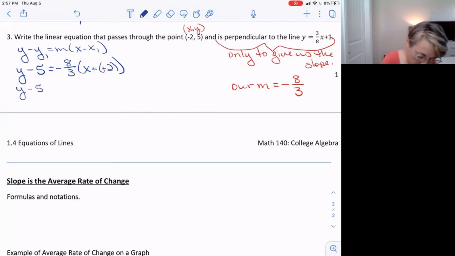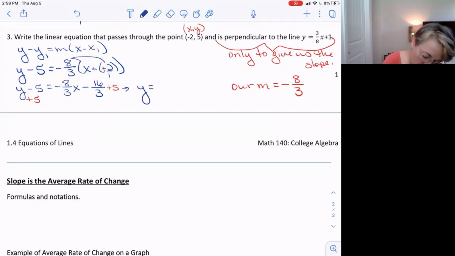So we get y minus 5 equals, let's distribute, -8/3 x minus 16/3. Remember that 2 is like 2/1. And then we have to add 5 to both sides. And we would get y equals -8/3 x.